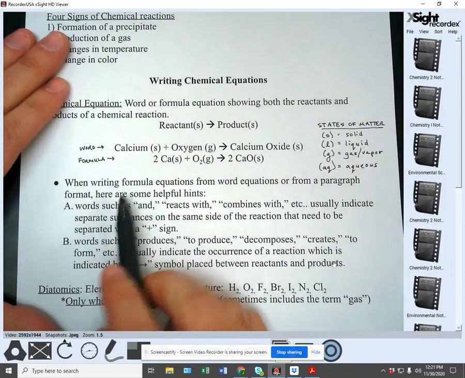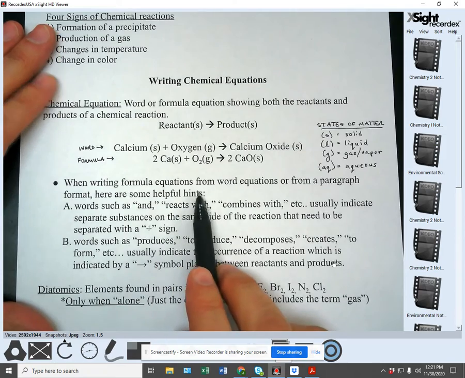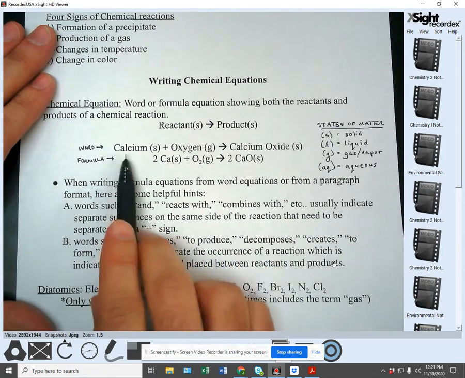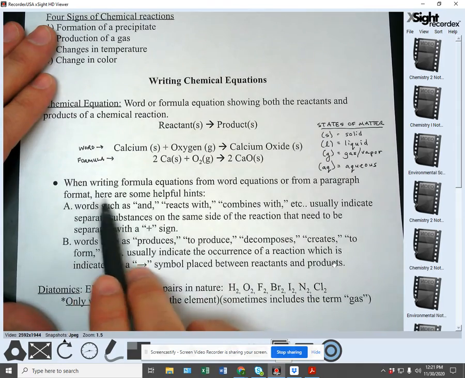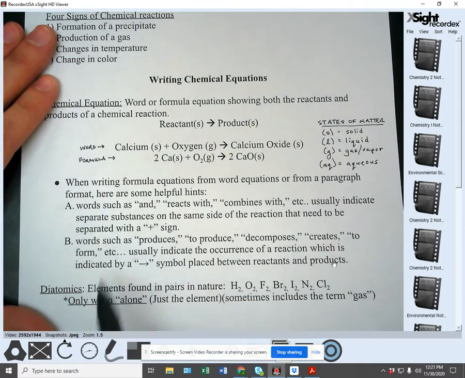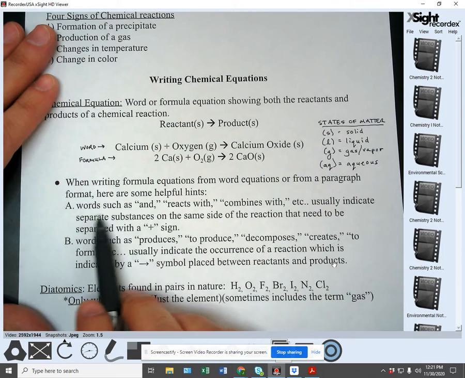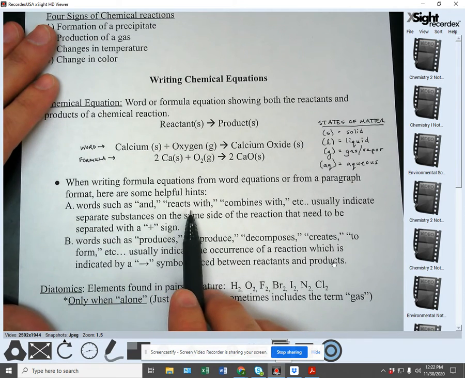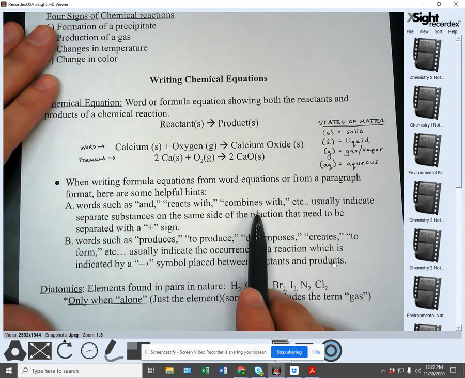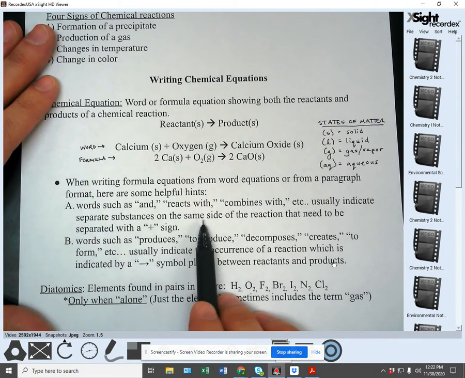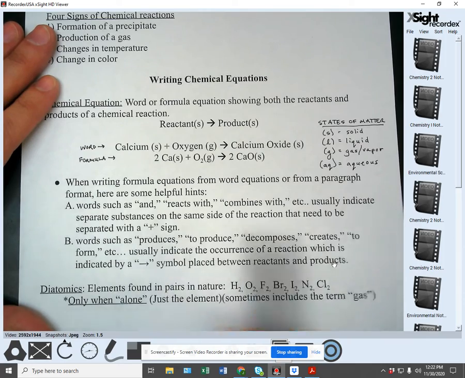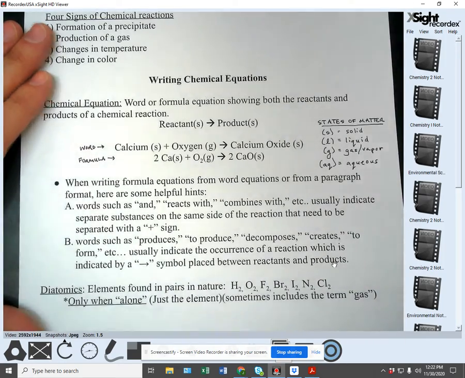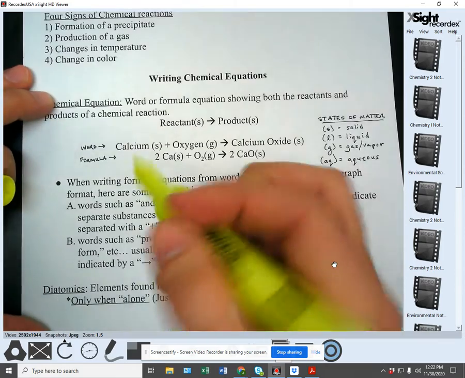All right. When writing formula equations from word equations, going from the word to the formula, or from a paragraph format, here are some helpful hints. A: words such as and, reacts with, combines with, stuff like that, usually indicate separate substances on the same side of the reaction that need to be separated with a plus sign.